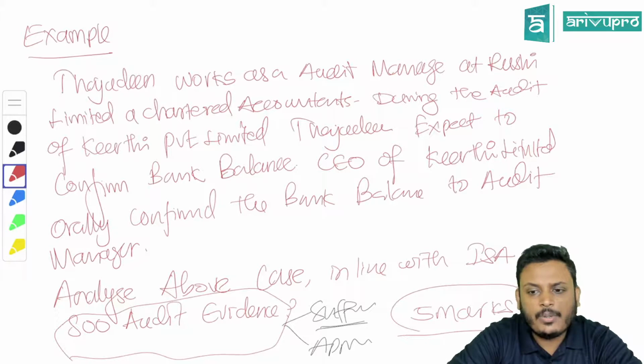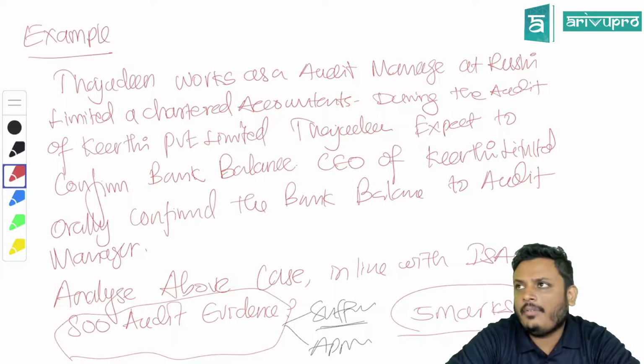The CEO of Kirti Limited orally confirmed the bank balance to the audit manager. Analyze the above case in line with ISA 500 audit evidence.